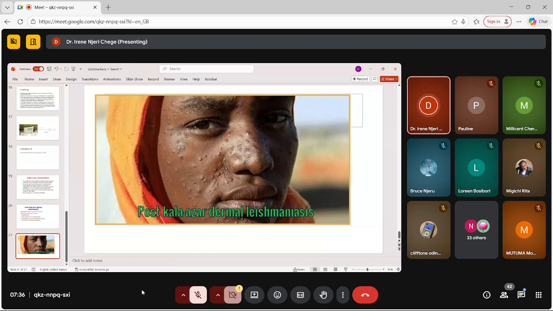Then because of drug resistance, we can combine these drugs with amphotericin B. Do we have any questions?